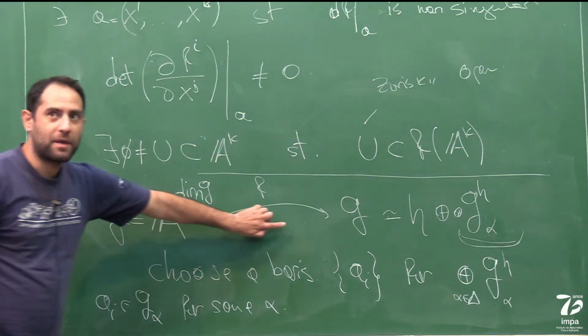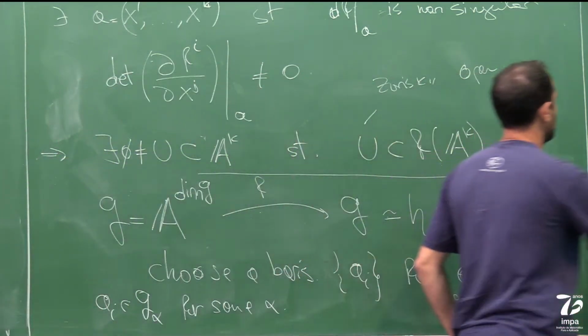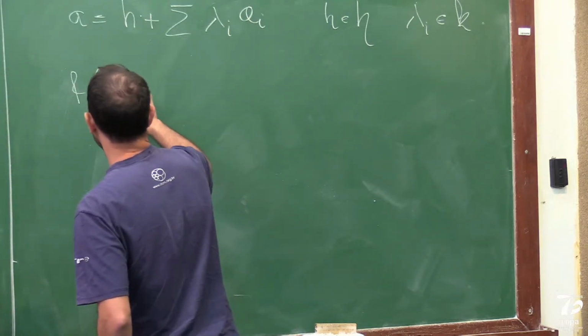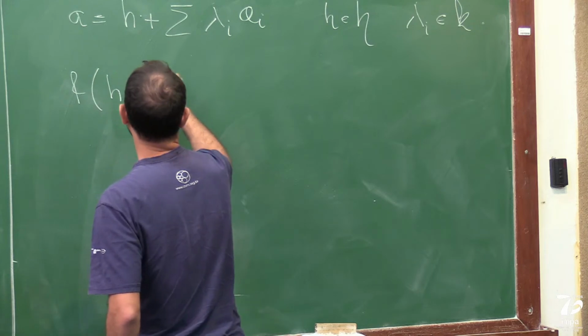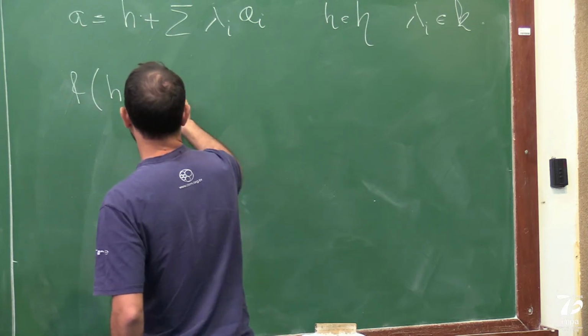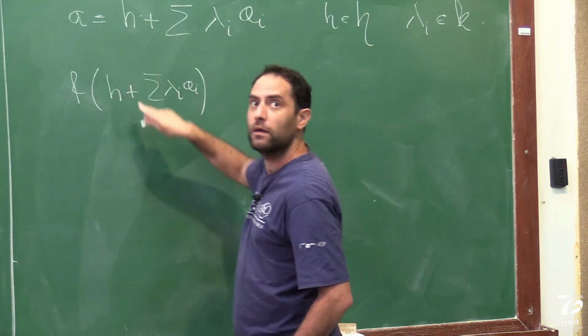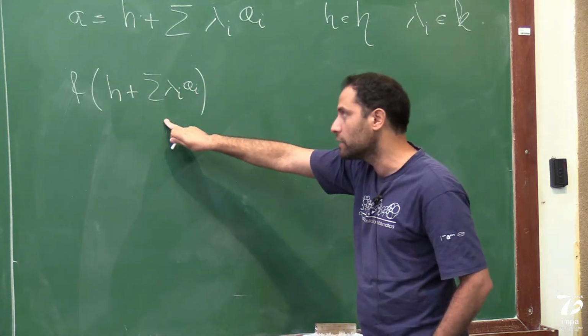So that's going to give me this map here. The map is as follows. You take F evaluated at H plus the sum of lambda_i A_i. Again, any element of G can be written uniquely in this form.